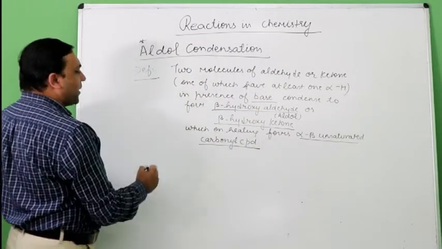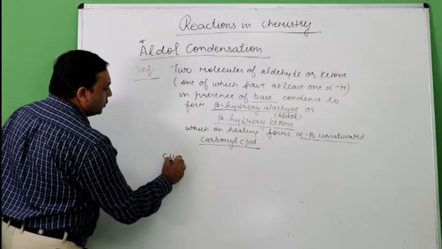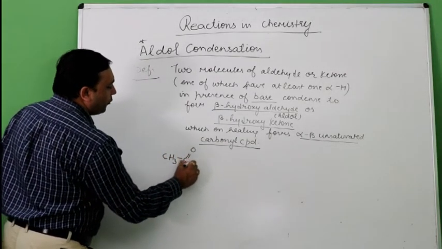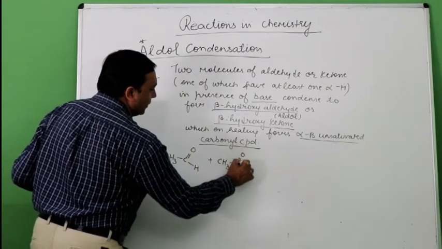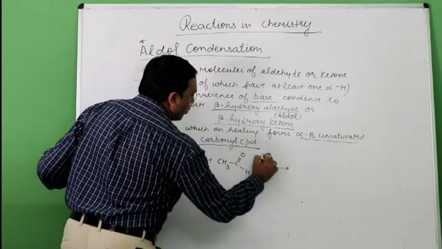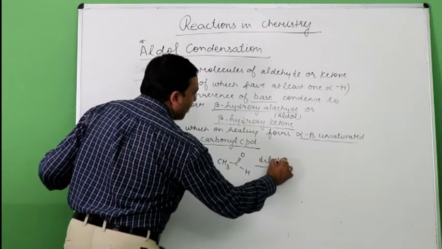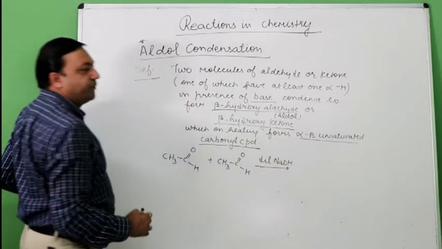So I take an example of this. Two molecules of aldehyde, I take the example of acetaldehyde. These are two molecules of acetaldehyde, in presence of a base, and I am taking dilute NaOH.